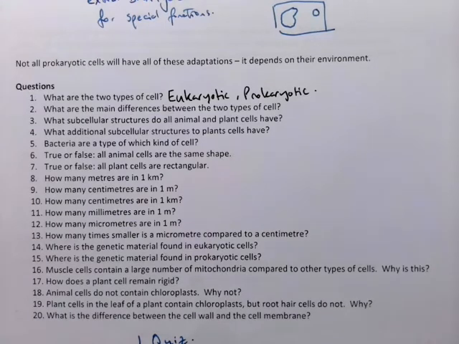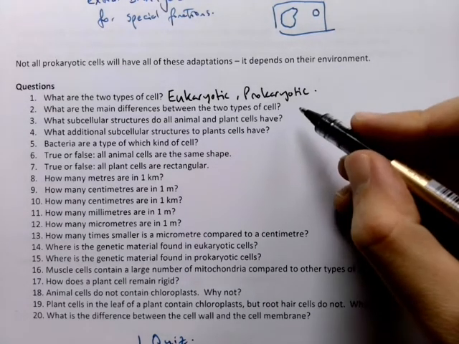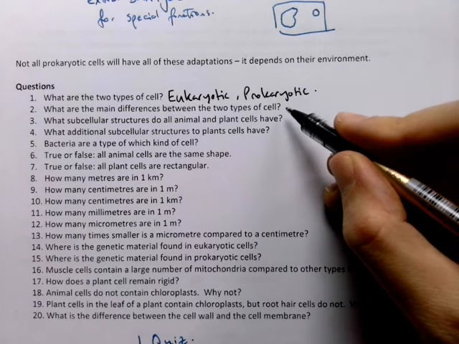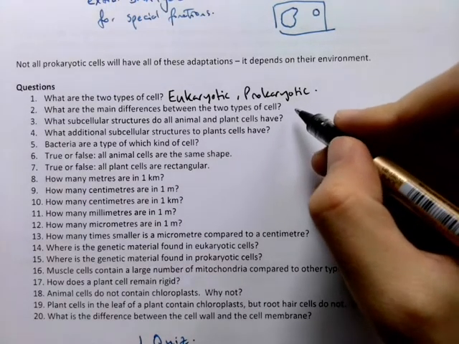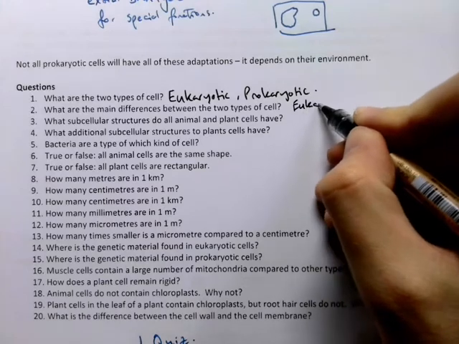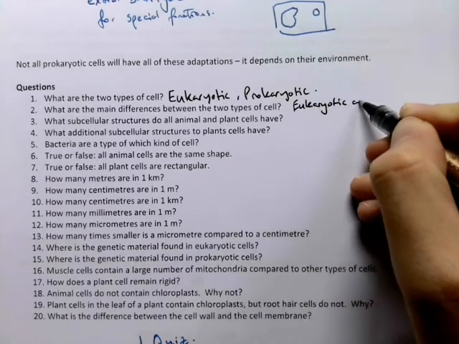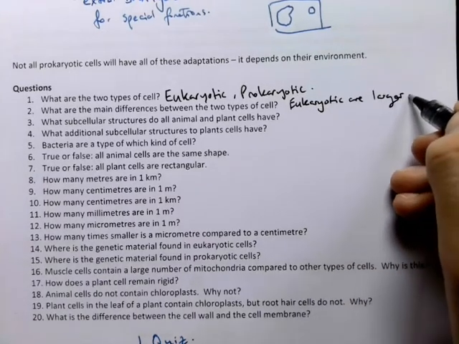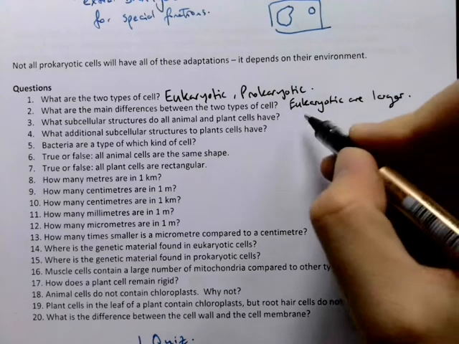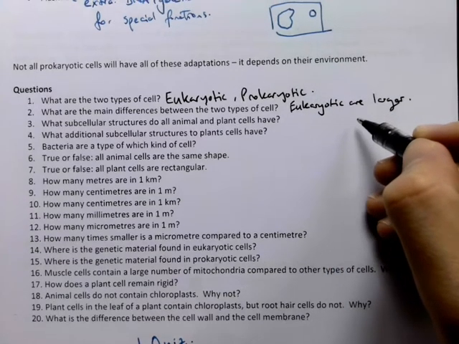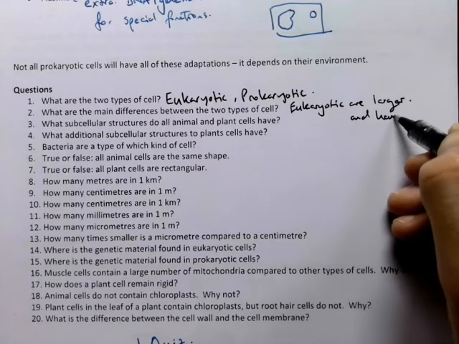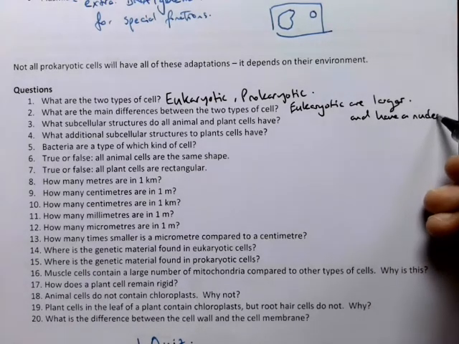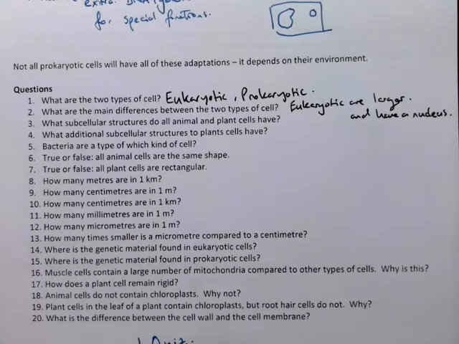Okay, so we can say that in general the eukaryotic cells are larger, and the eukaryotic cells have a nucleus. Okay, so those are your two main differences.